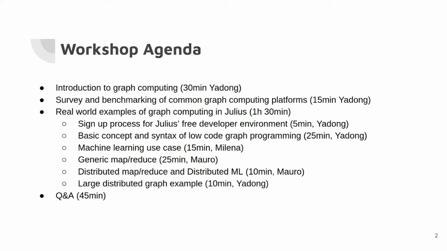Then we're going to use some real-world examples to illustrate how to build complicated, large-scale, and realistic graph computing solutions using Julius's platform. In this part of the presentation, my colleagues from Julius Technologies will be joining me.